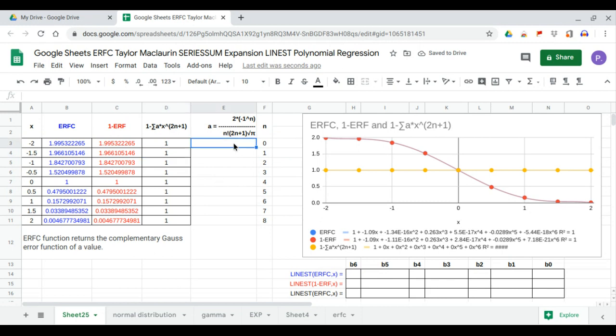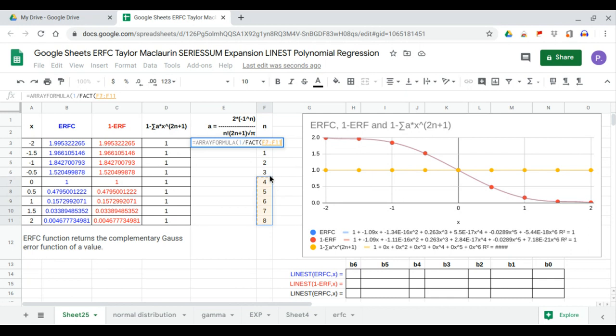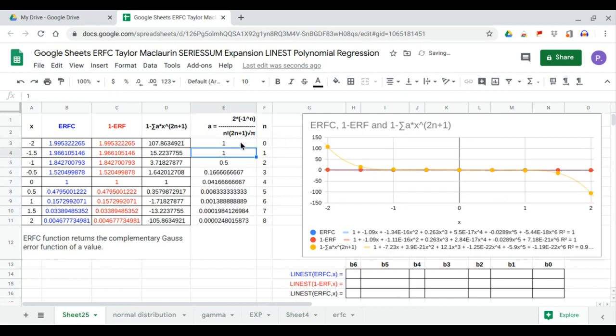Now let's work on the coefficients. We begin with the denominator, which is array formula of 1 over 1 factorial. So factorial of the n values. That's the denominator part. So there are 3 parts in the denominator.